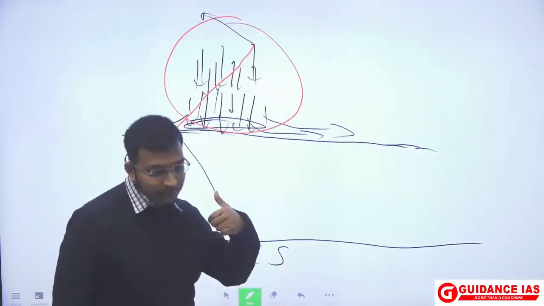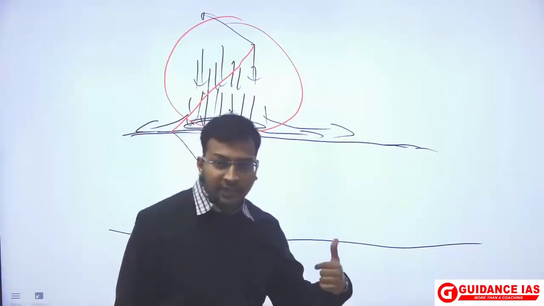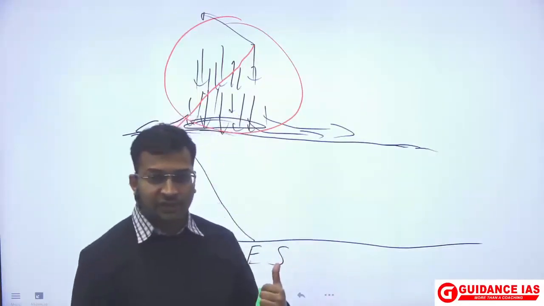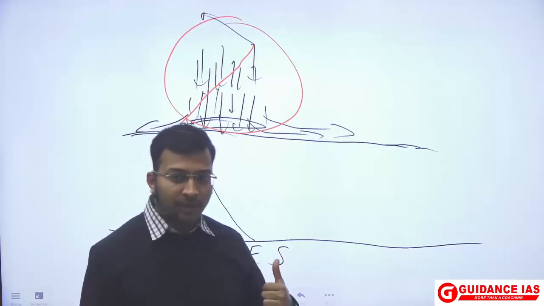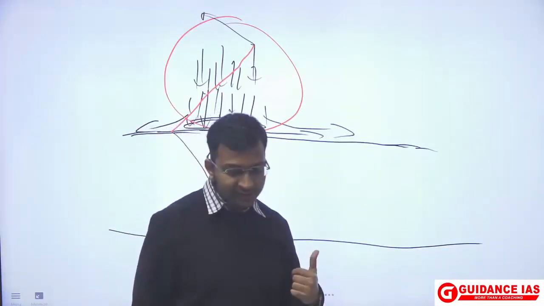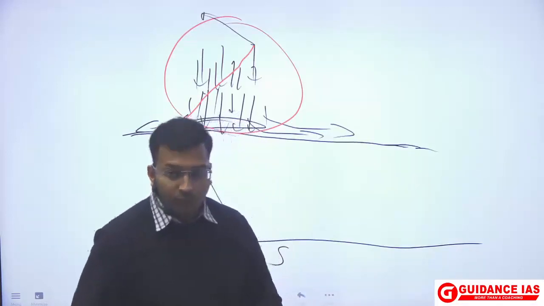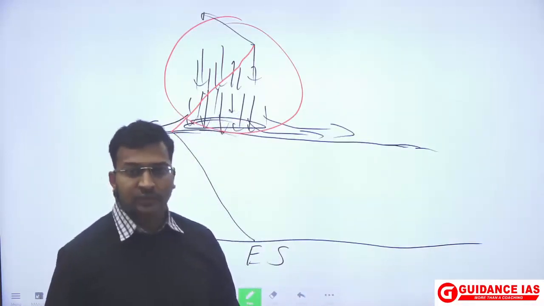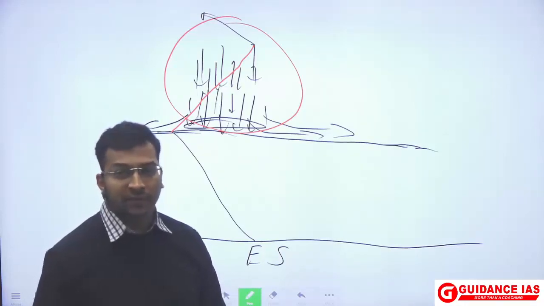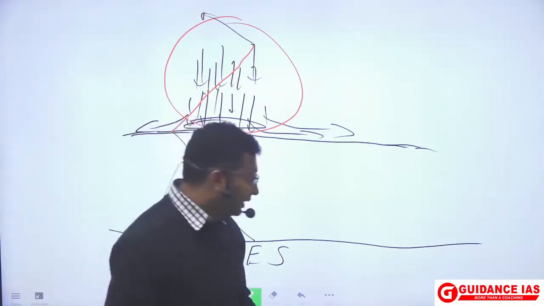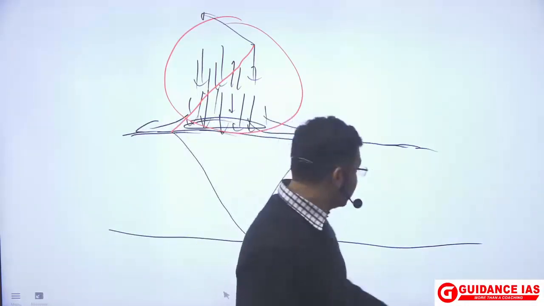Okay, such type of subsidence inversion is common in high pressure belt regions. There is one type of subsidence inversion which is the trade wind inversion. Let's understand it in detail.